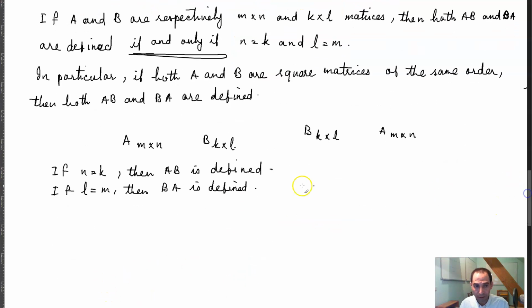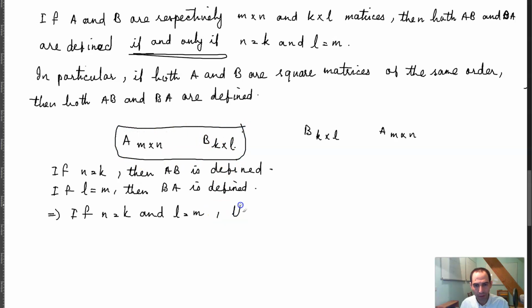Therefore, I can say that if n is equal to k and l is equal to m, and if A and B are these two matrices with these orders, then AB and BA are both defined. But this statement is a little bit different.